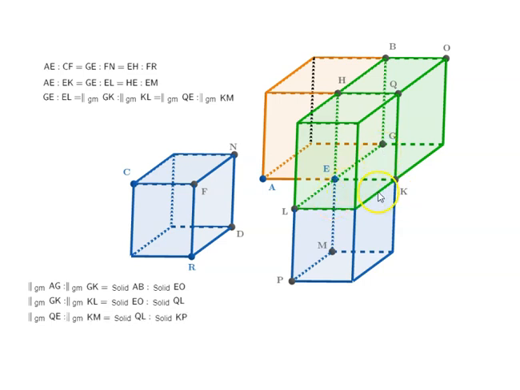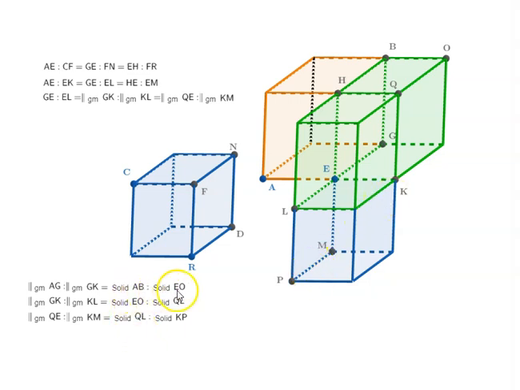And then parallelogram QE, where is QE? QE is to parallelogram KM as the solids on them, which is solid QL to solid KP. So just look at the sequence. We established a proportion between AB to EO, from EO to QL, from QL to KP.